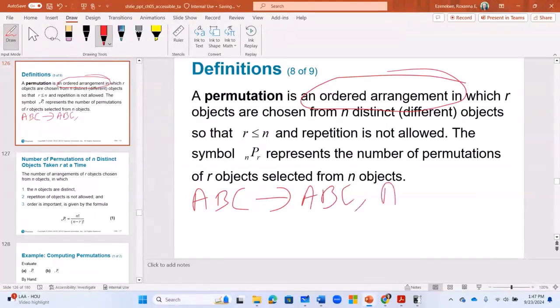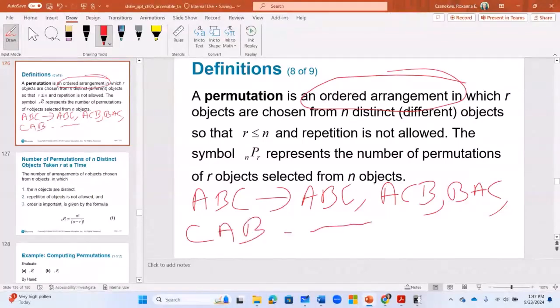The second one is A, C, B. The third one is B, A, C. ABC is a different order. ACB is a different order. BAC is a different order. And CAB is a different order, and so on. Wow. So how many of them can I even have?